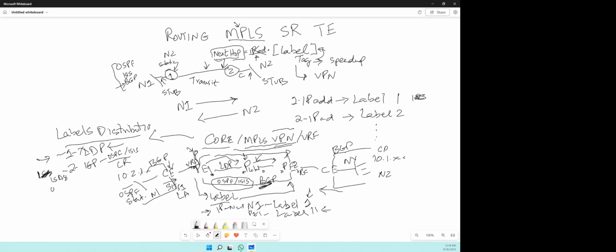Opaque LSA, I think it's called. I always forget the numbers. But anyway, they use the IGP. Bottom line is they now use the IGP, OSPF or ISIS, to distribute the labels instead of LDP, which is yet another protocol. So let's eliminate LDP, use ISIS and OSPF to distribute the labels, and you're still getting next hop as labels. Okay, so sounds good.